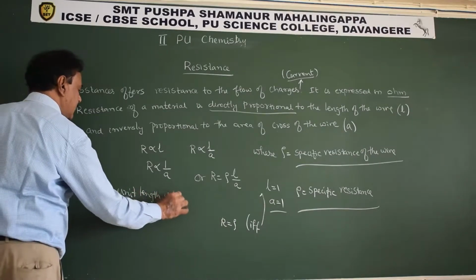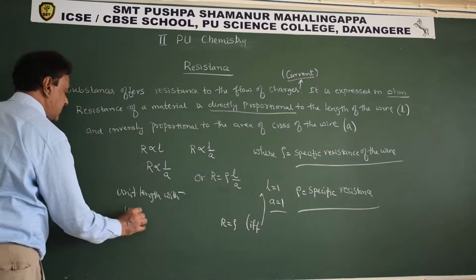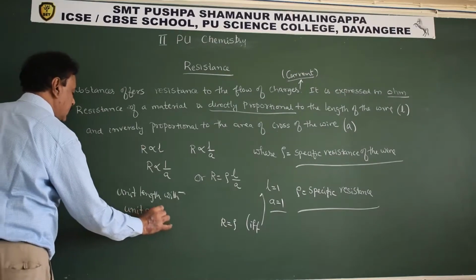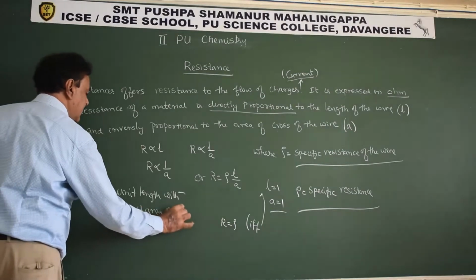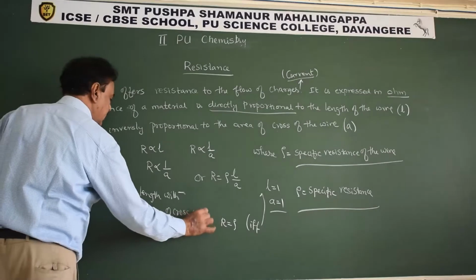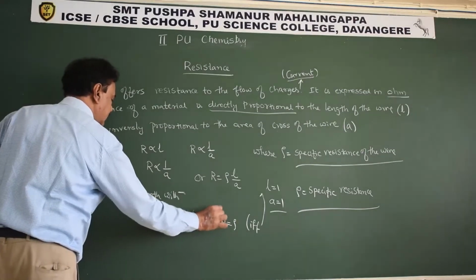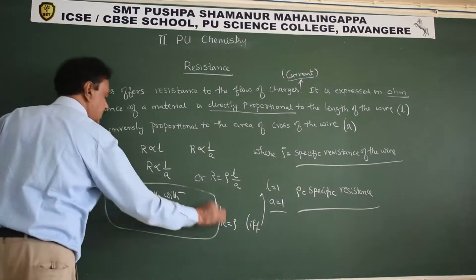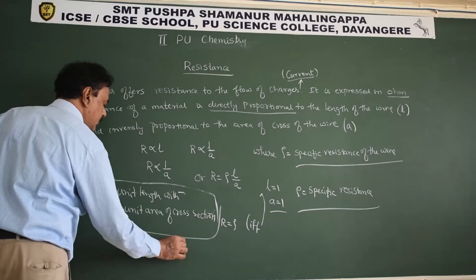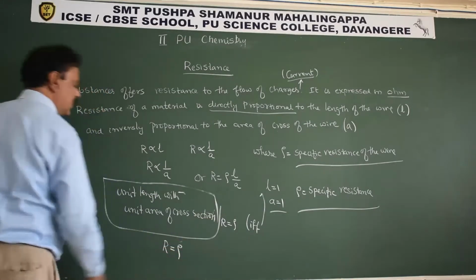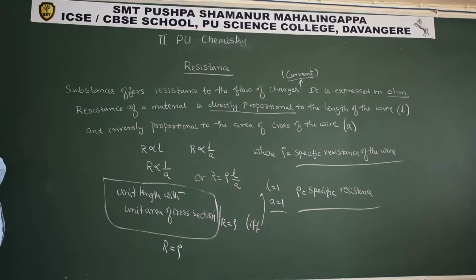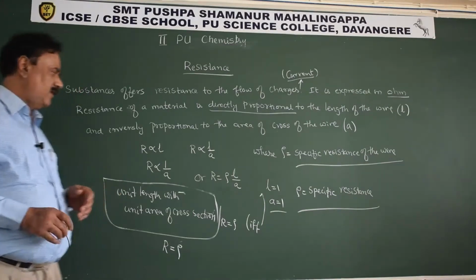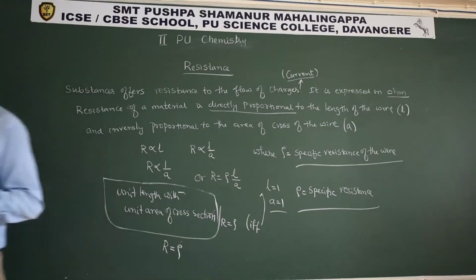Then R is equal to rho, where rho is the specific resistance of the wire. Is it clear?